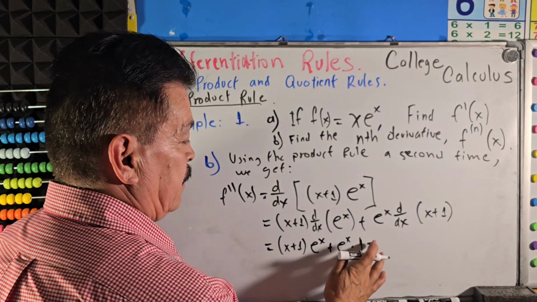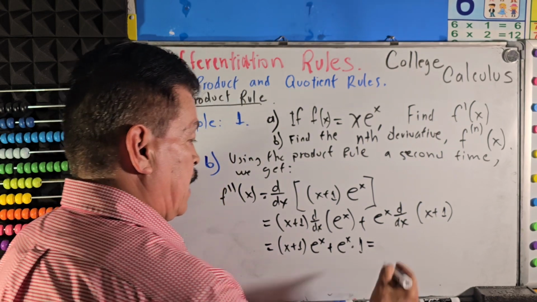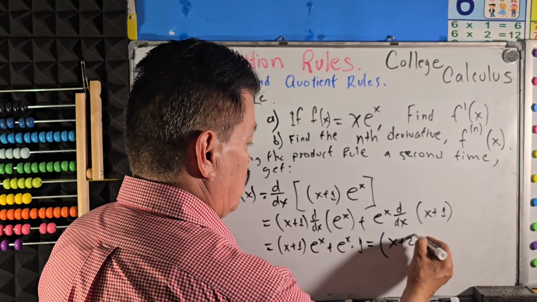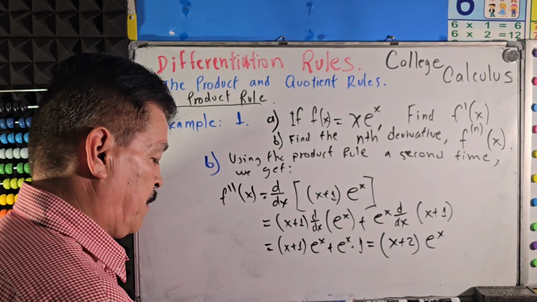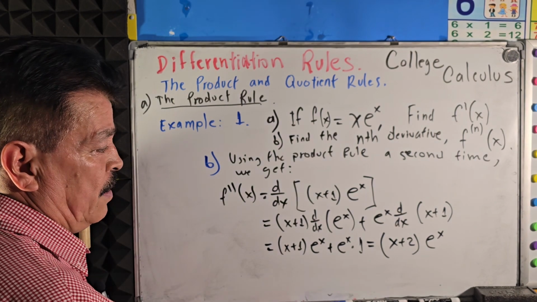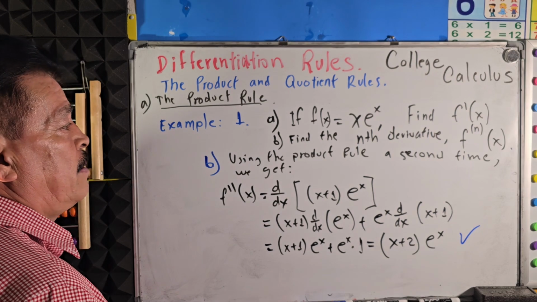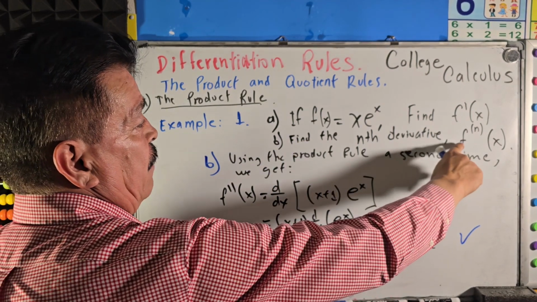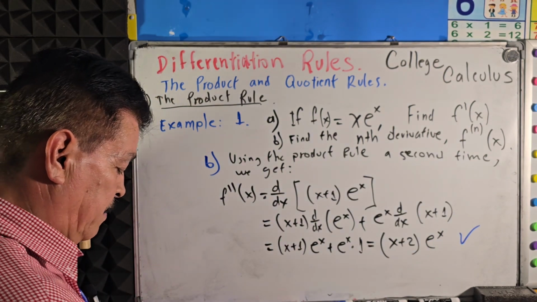If we simplify this, we have x plus 2 times e to the x power. This is our solution to question B.